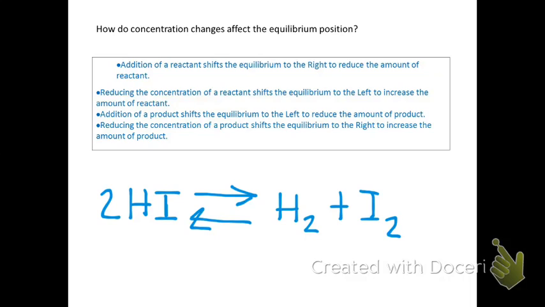Okay? So, for instance, these points up here that you should probably put in your notes: the addition of a reactant. So we're adding a reactant. It's going to shift the equilibrium to the right to reduce the amount of reactant. Okay? So let's think about it in these terms. If I add more HI, the reaction wants to reduce it.